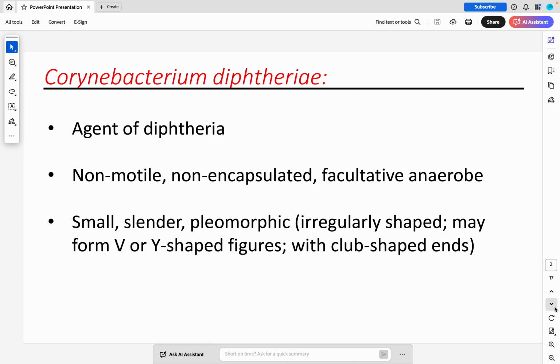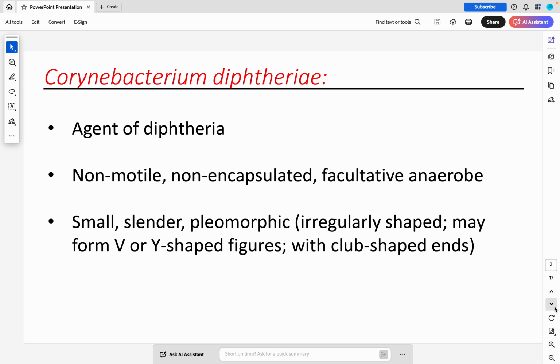C. diphtheriae infection is actually preventable. In our contemporary time, diphtheria is not common anymore. This infection is vaccine preventable.